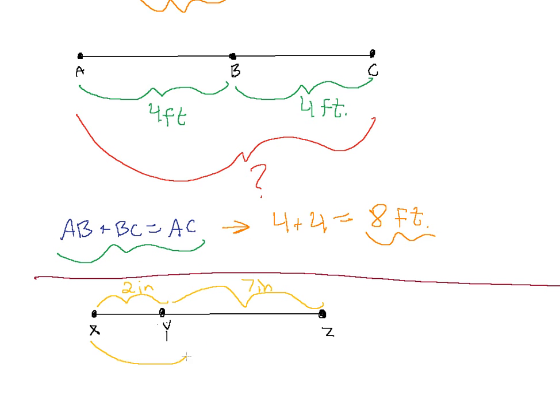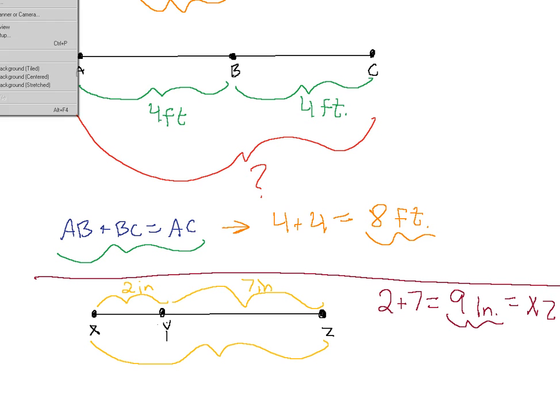We want to know the distance of XZ. So we can use our segment addition postulate and plug these in and find the total distance. So we have 2 plus 7 equals 9, so the distance of XZ is 9 inches. Okay, very straightforward. Just want to get a little bit more practice. Let's take a look at the next segment.